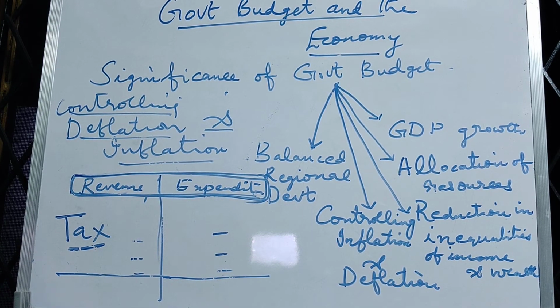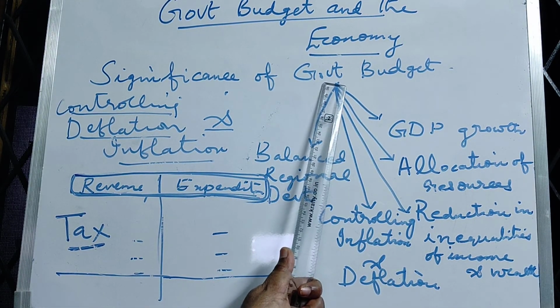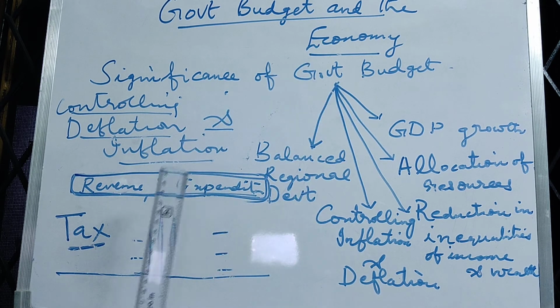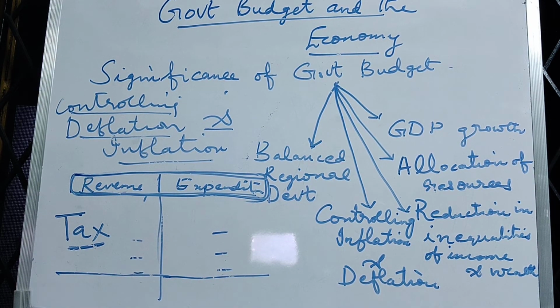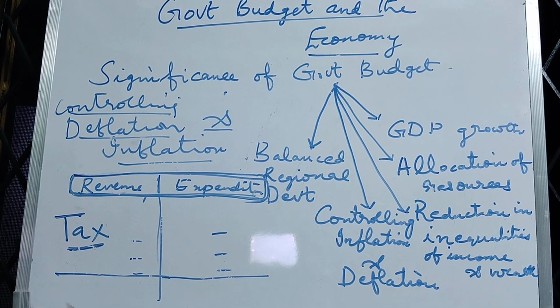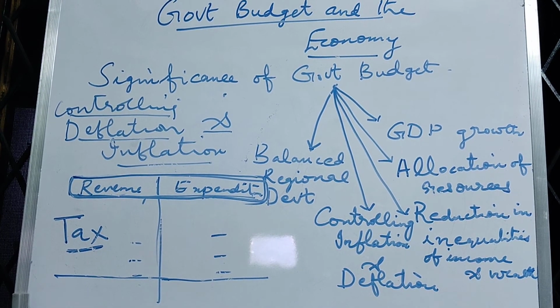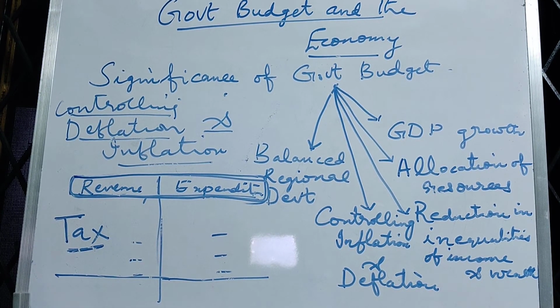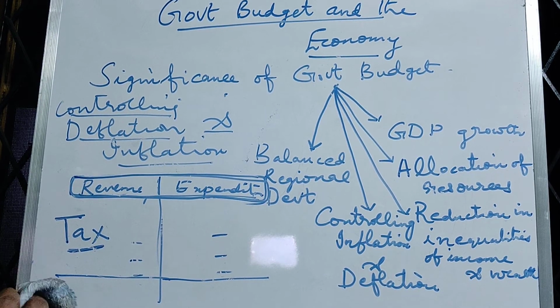Because of that, we say the government budget is also used to bring economic stability in the economy. Taxation and expenditure are the budgetary tools of the government.